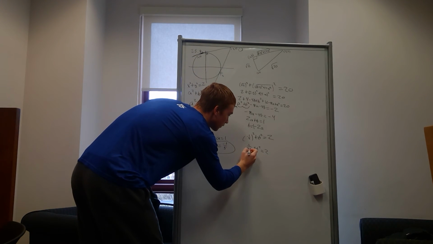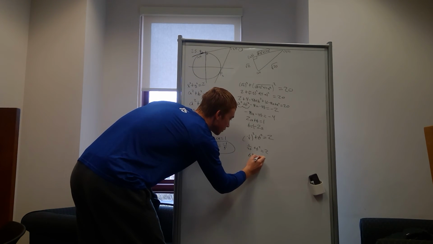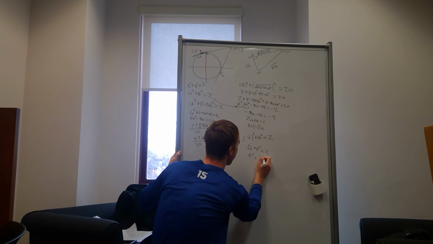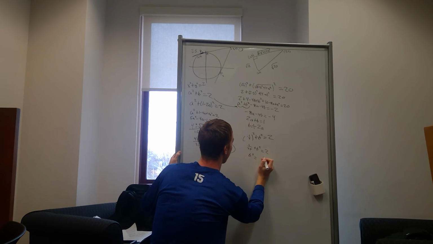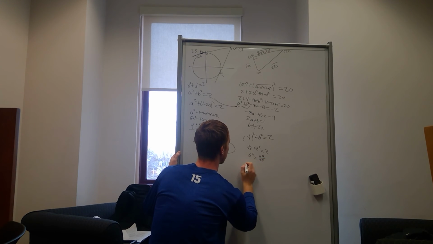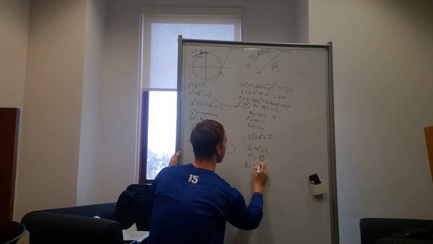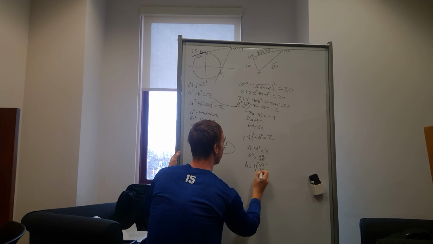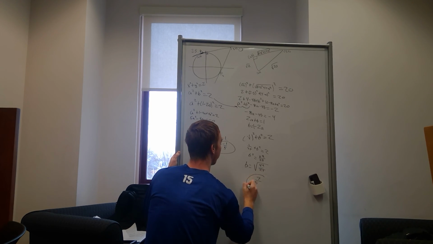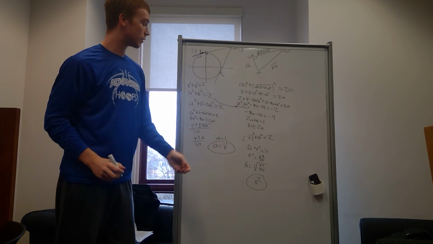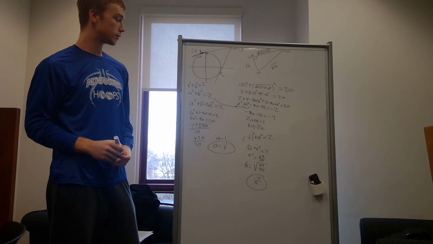That's 50 over 25, so then b squared equals 49 over 25. And then b equals the square root of 49 over 25, or 7 over 5. So AB is negative 1 over 5, comma 7 over 5.